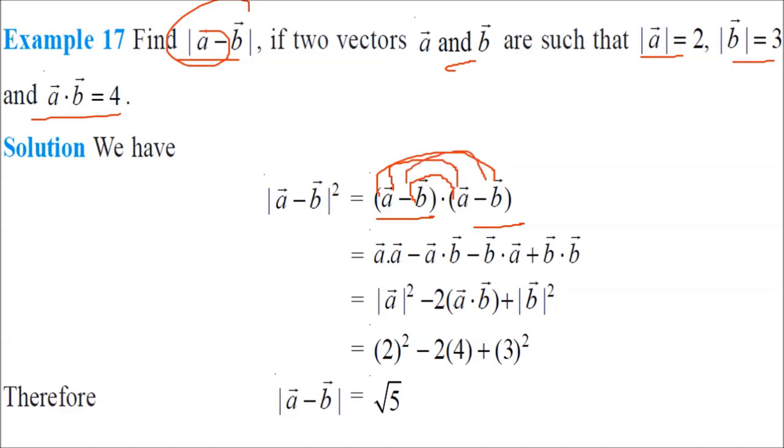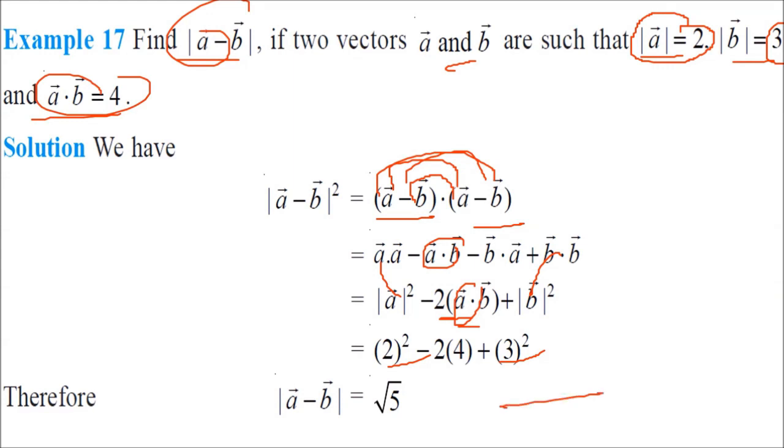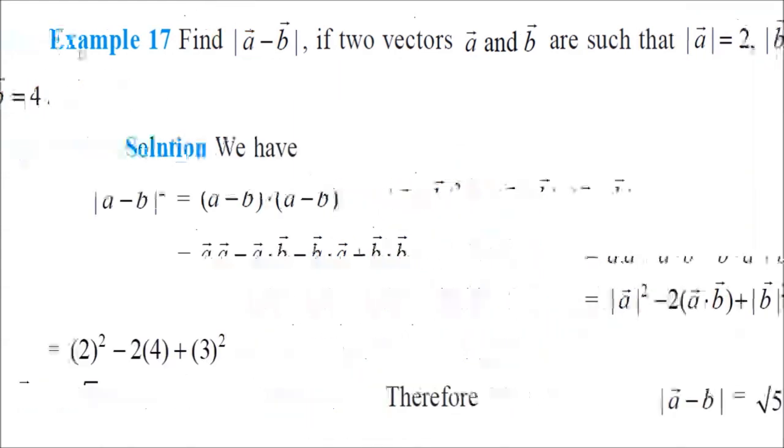So you can commute it. You know that A dot B equal to B dot A. So this will be minus 2 A dot B. This is A square, this is B square. And this is given as 2, so it will be 2 square, 4 here. This is given as 3, so it will be 3 square, 9. And this A dot B is also given 4. Just put it here. The magnitude of A minus B will be under root of this, which will be under root 5.